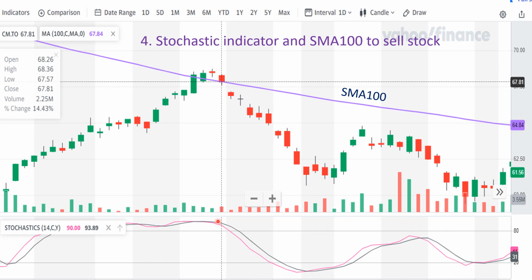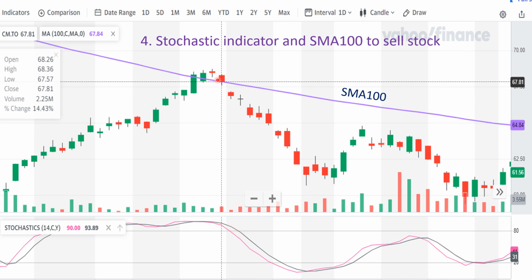It's above the 70 line. Stochastic notifies traders that the trend reverses its direction a moment before it happens. Once the stochastic crosses below 70, going downward, it generates a sell signal.